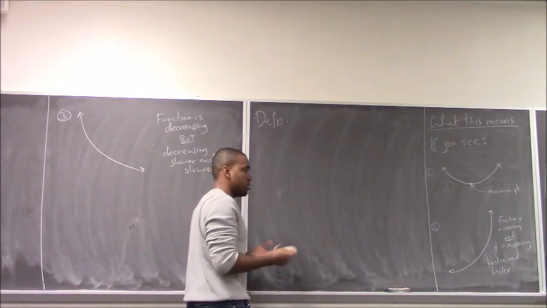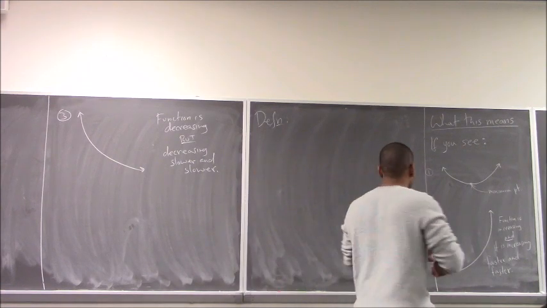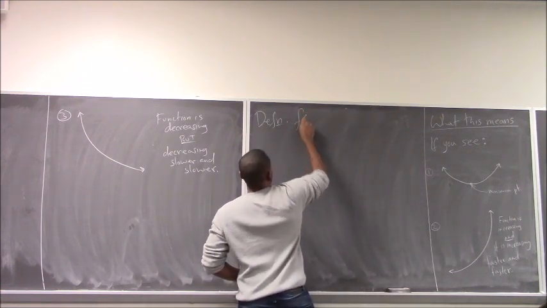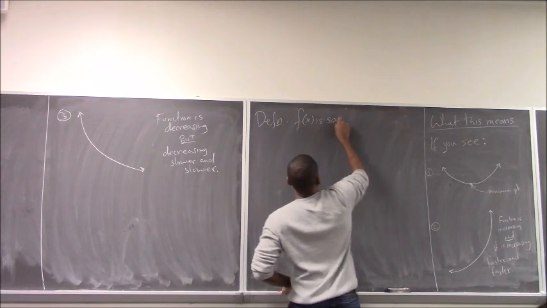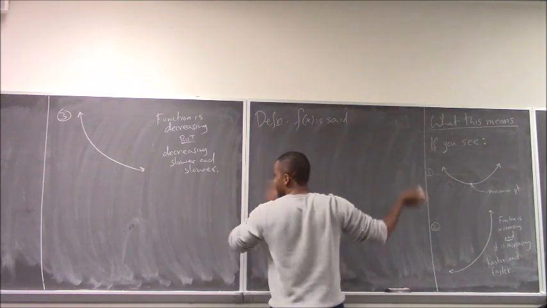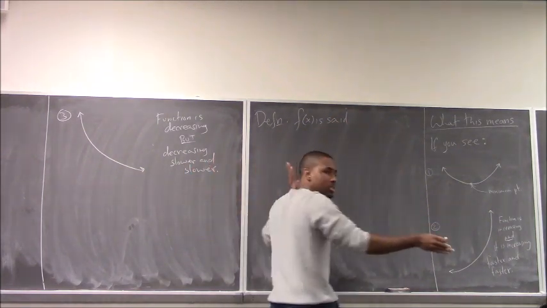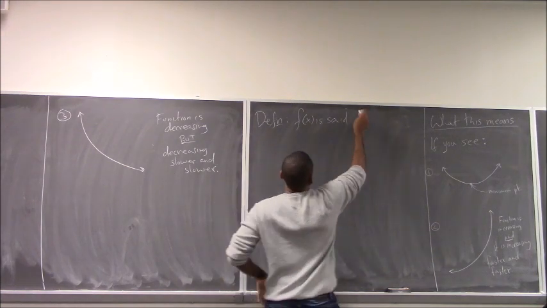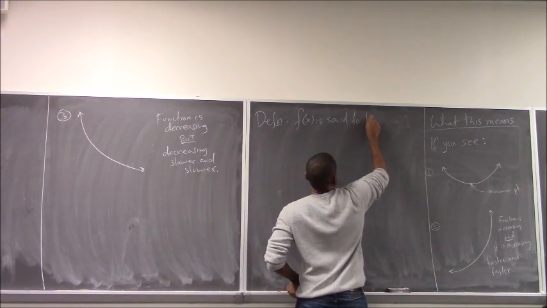There's, of course, the opposite of concave up. There's concave down. And it's pretty much going to be everything I just wrote kind of flipped upside down. So let's just go through this quickly.